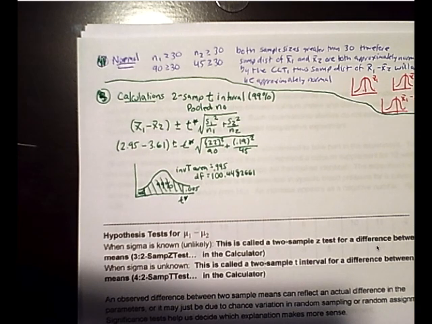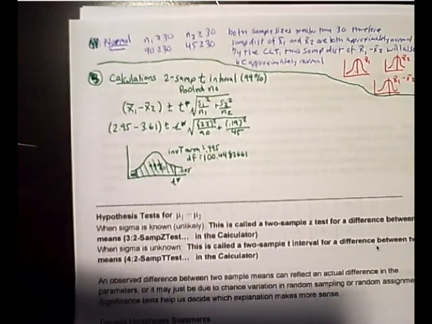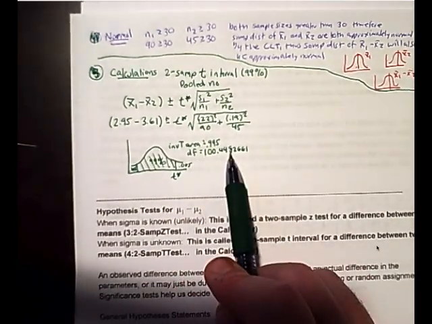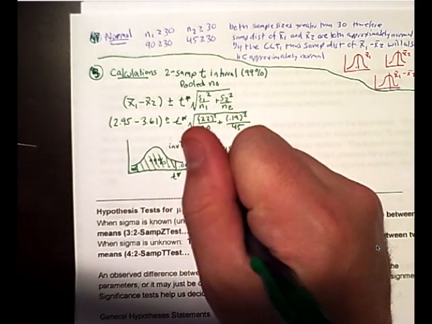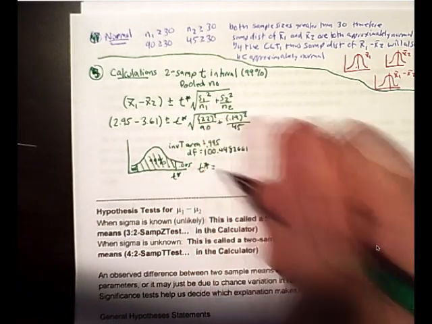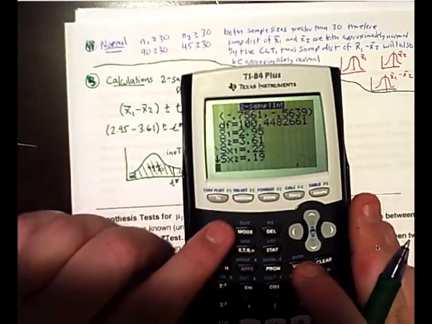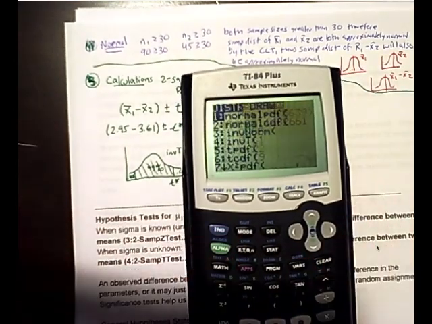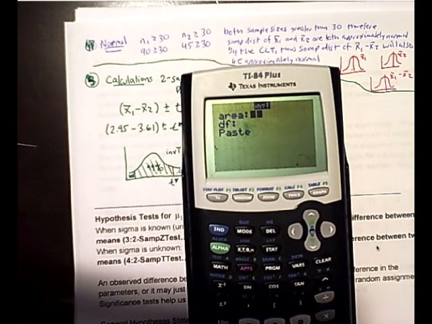Now let's use that degrees of freedom and that area to figure out what the T star would be. I said not to use the calculator, but actually we are. Sorry. So if I go to my distributions and I go inverse T, the area would be 0.995.